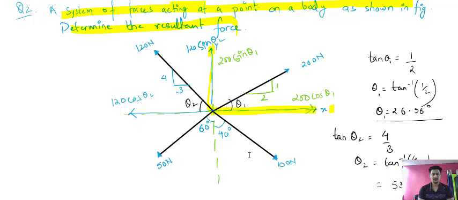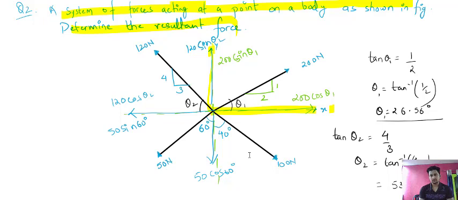Now this is 50 Newton, and this component will be 50 cos 60 degree. The other component is the sine component, in this direction, so it will be 50 sine 60 degree.